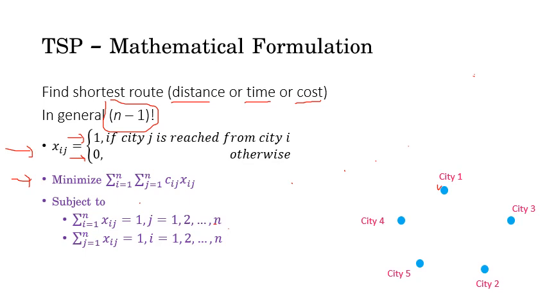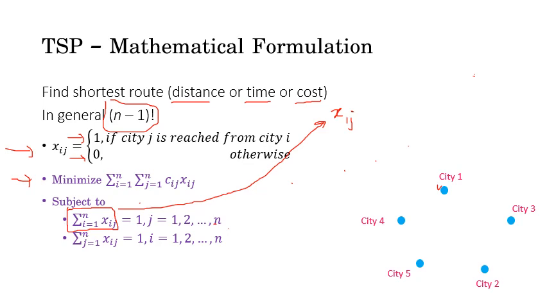Okay, so let me expand this summation first. As we have a summation going from i equals 1 to n, the summation expands to x1j, so I'm not keeping the value of j, I'm simply keeping the value of i.